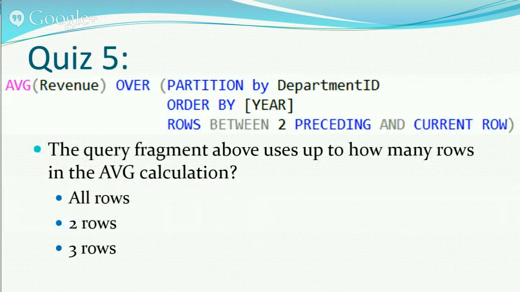So the query fragment above uses up to how many rows in the average calculation? 3. Okay, everyone's agreeing 3 rows? Yay! Because it's using the current row and the 2 before it. And that one threw me off a couple times when I was creating the demos.